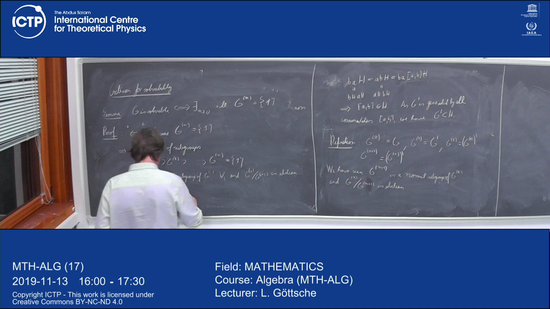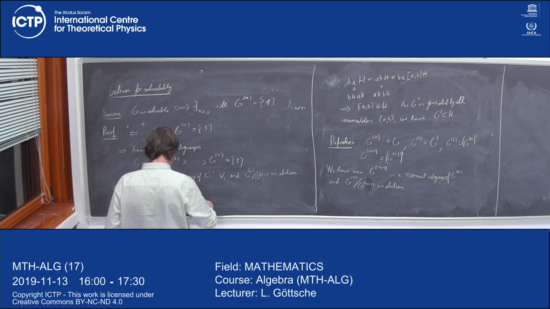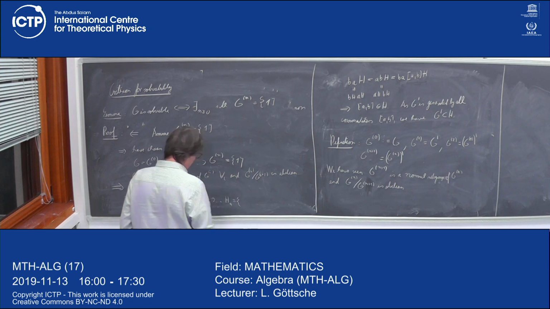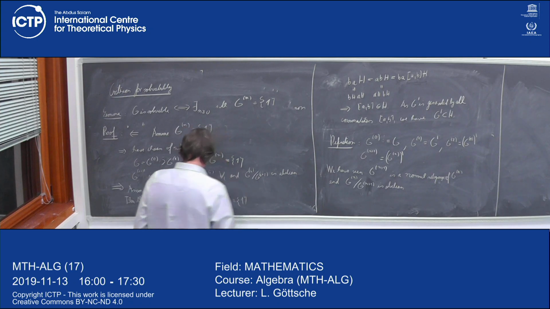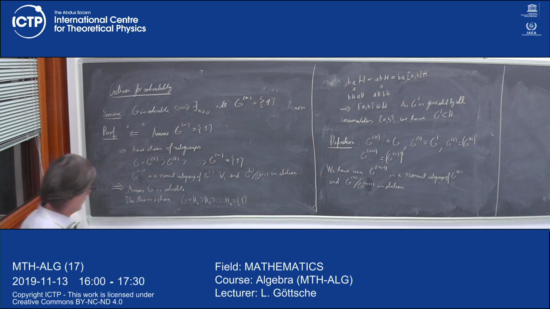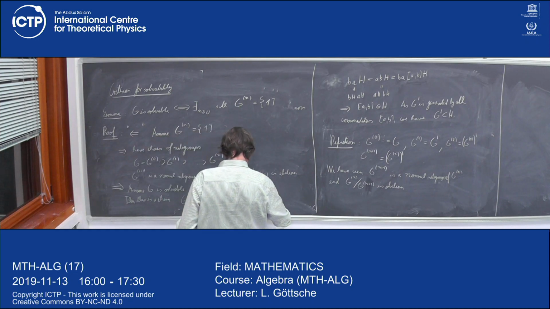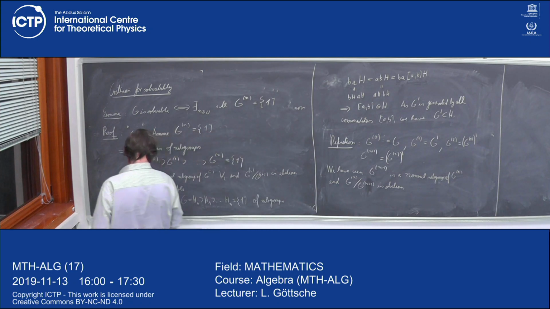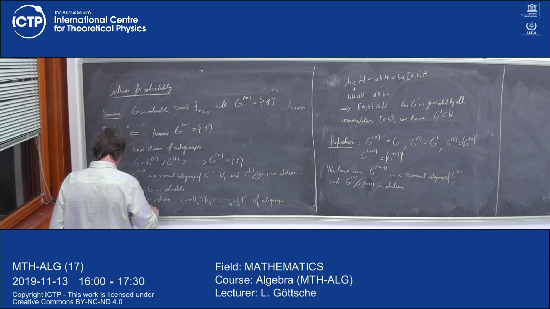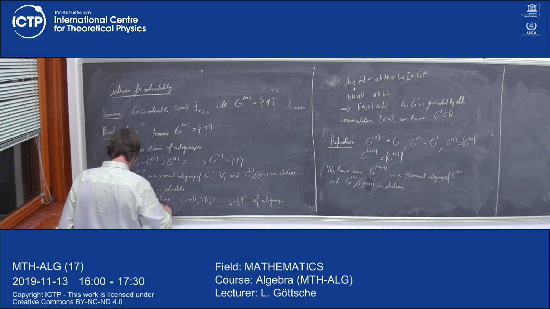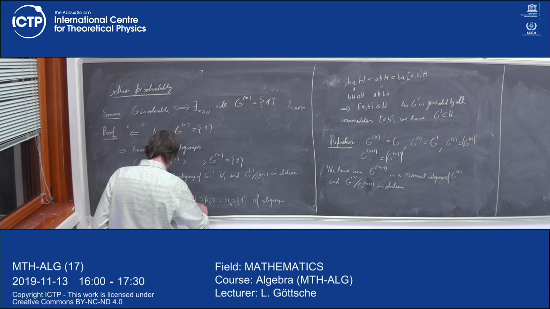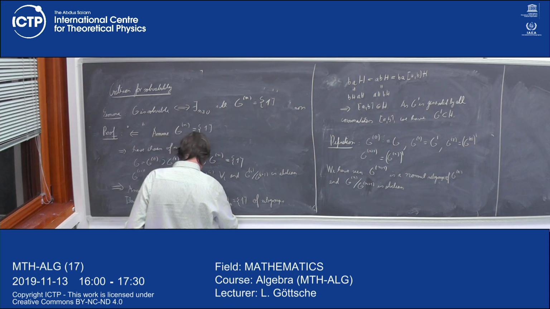So we have this chain of subgroups, G equals H0 contains H1 and so on, such that the Hi are subgroups with H(i+1) normal in Hi for all i, and Hi divided by H(i+1) is abelian.